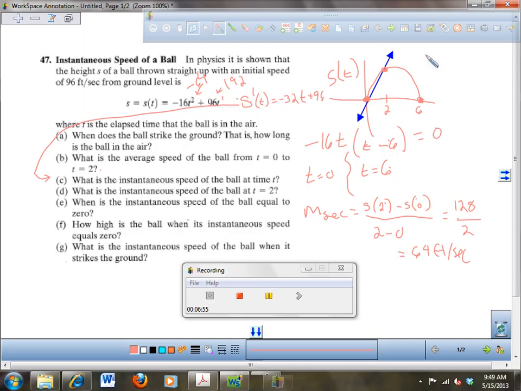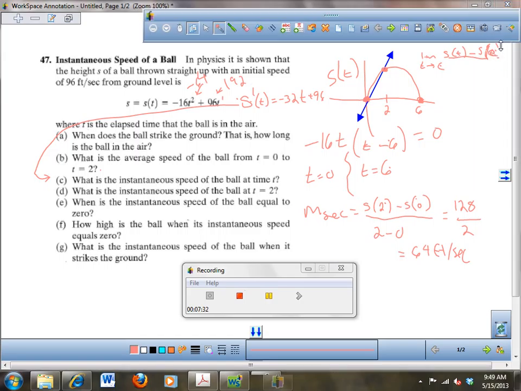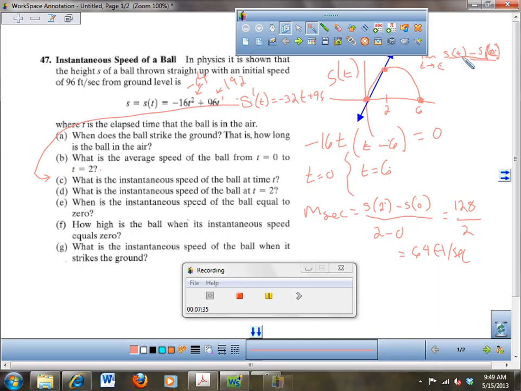So you take the limit as t goes to 2 of s of t minus s of 2 over t minus 2.